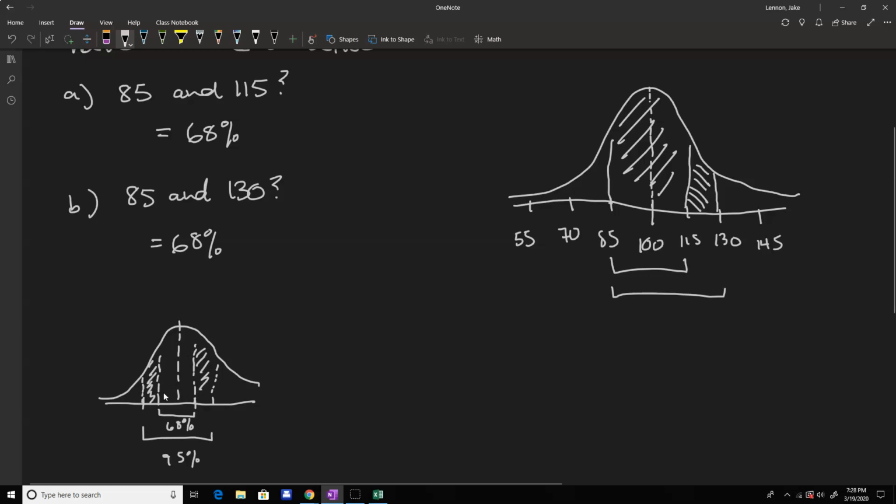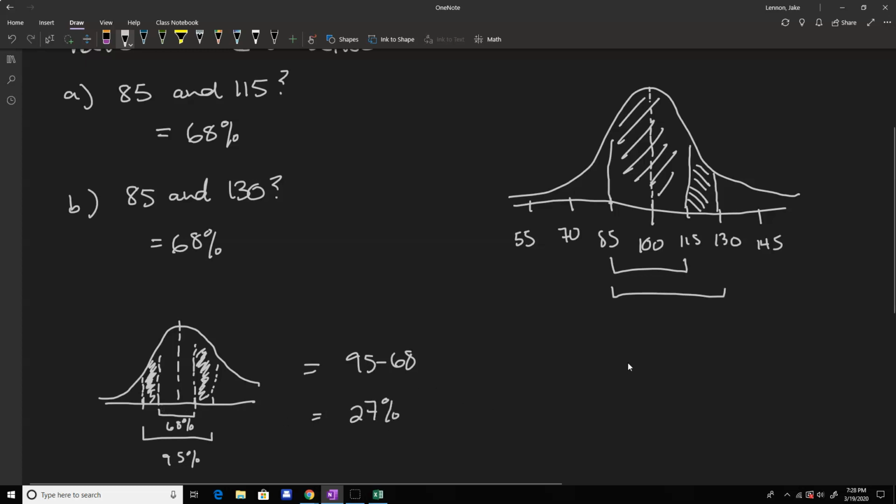I know my picture is not that great, but this distribution is perfectly symmetric. I've just drawn it a little bit skewed. But if we did 95 minus 68, we would have the 2 shaded sections. So this would have area 95 minus 68, which equals 27%.